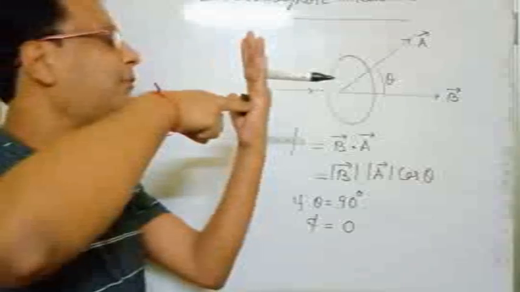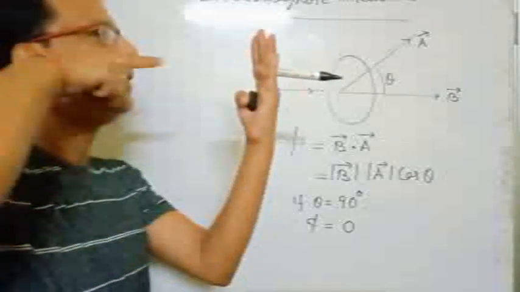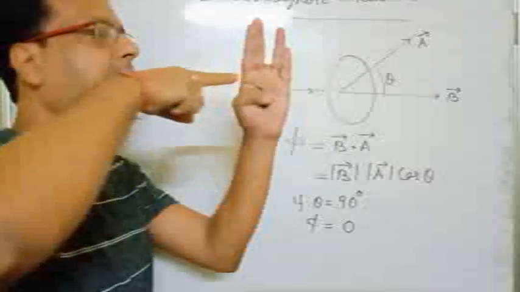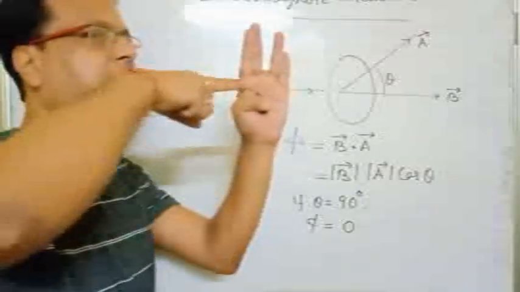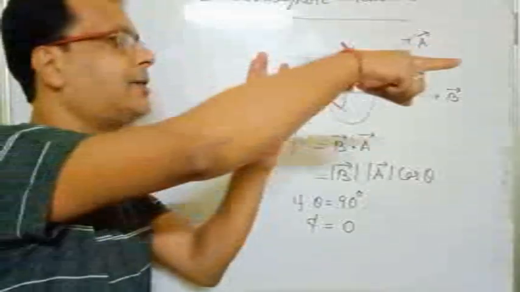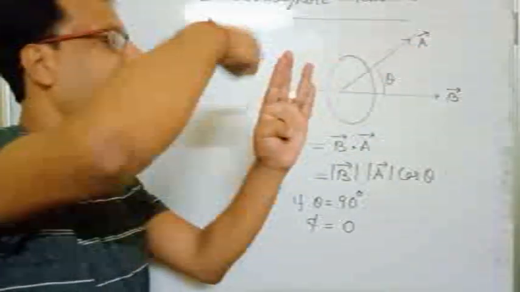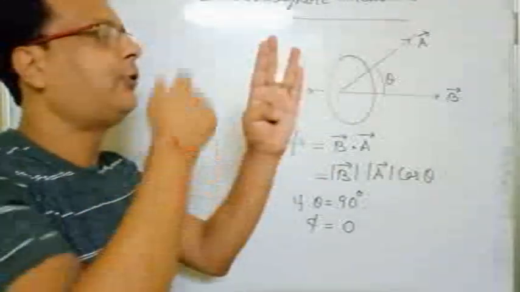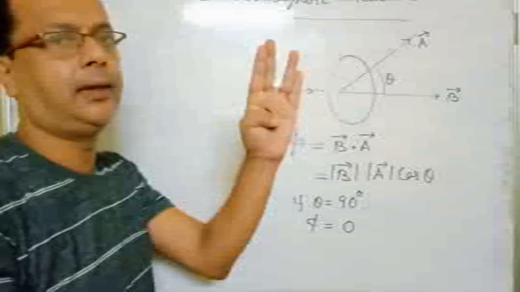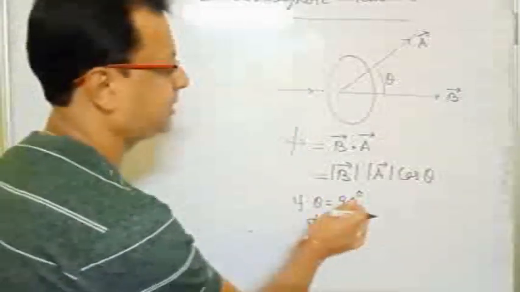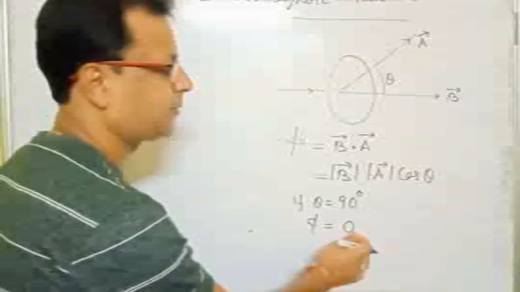Now if this is the direction of lines of force, and we turn the area vector by 90 degrees, now the angle between magnetic lines of force and the area vector is 90 degrees. No flux or no lines of force pass through this area, and hence we find that when theta is equal to 90 degrees, flux phi equals 0.